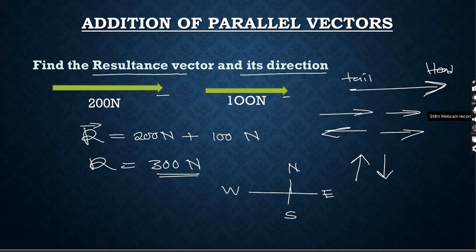As you can see, both vectors are going east. So the direction of the resultant vector will be east. You just need to say east. This is how you find the direction of two vectors which are pointing in the same direction. These concepts are very simple.